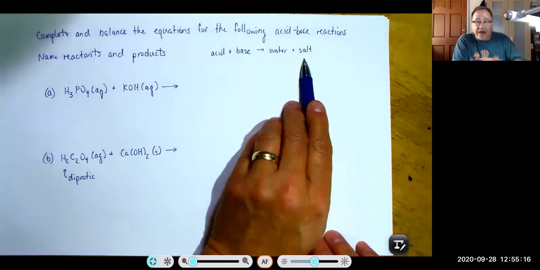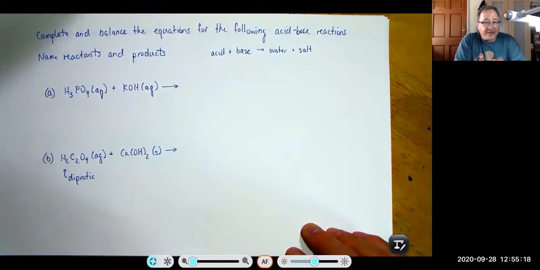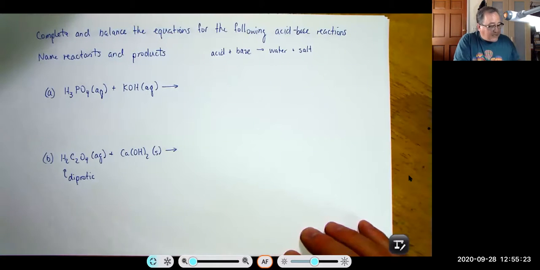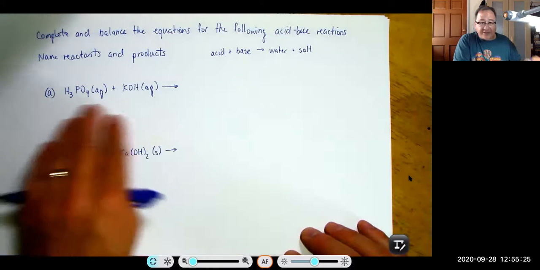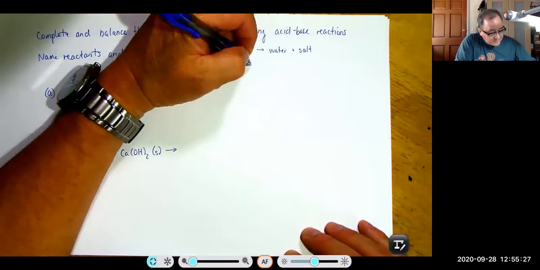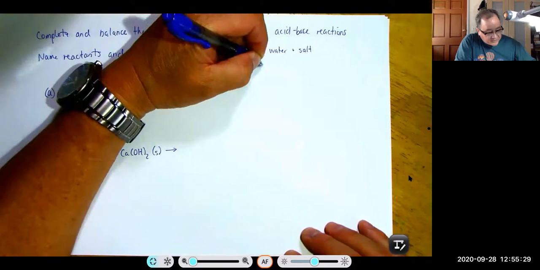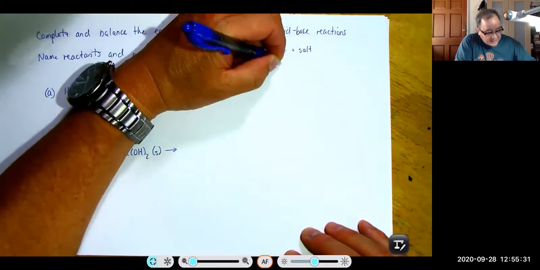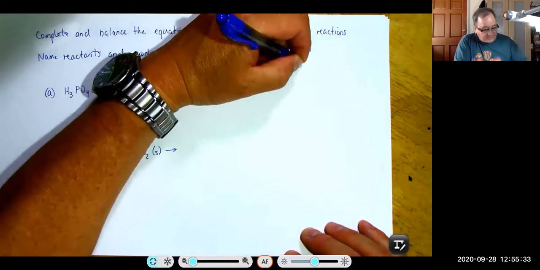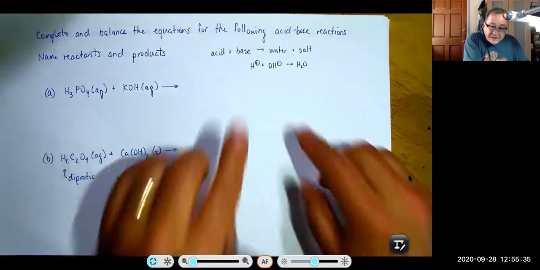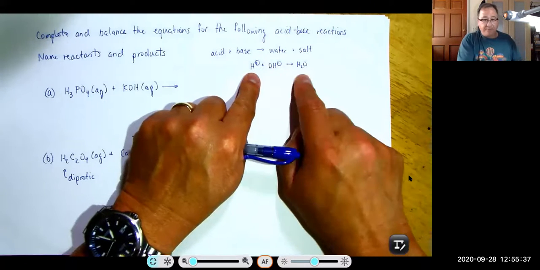Salt simply means an ionic compound from an acid-base reaction. Now, the key to balancing acid-base reactions is this. You need one H+ to react with one hydroxide and you get one water. You need one of each and you get one water.